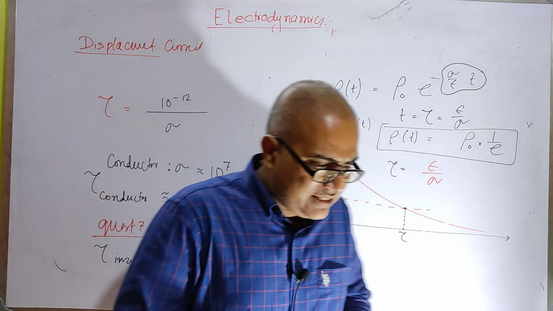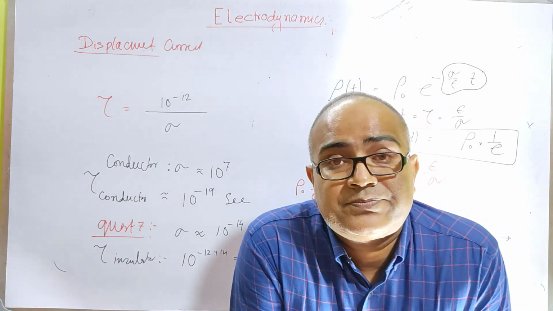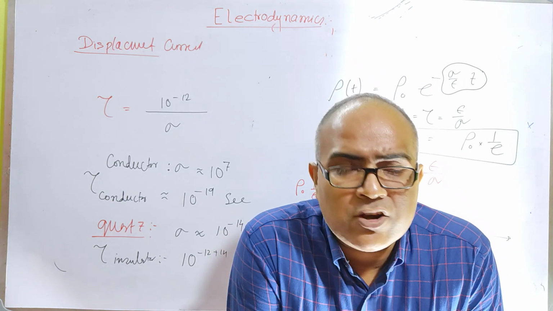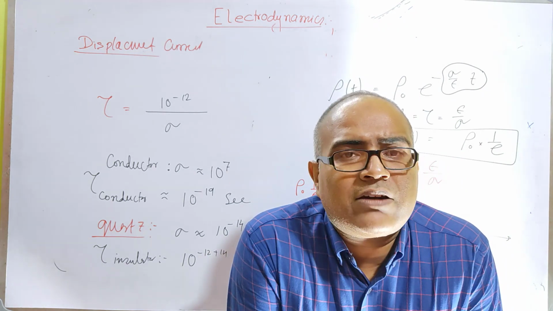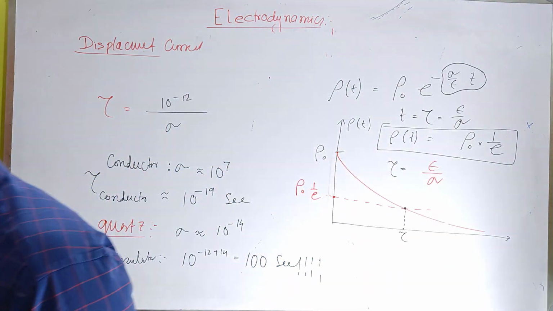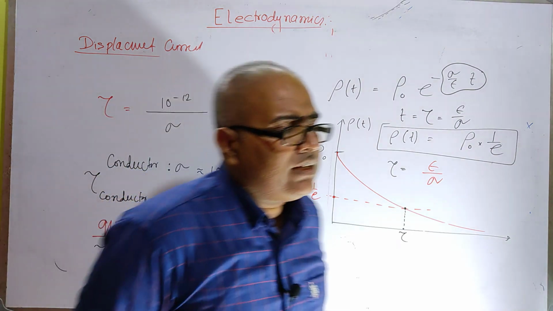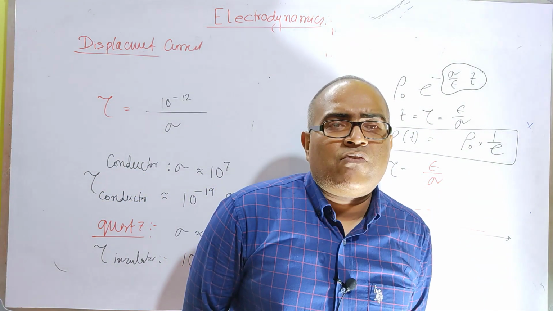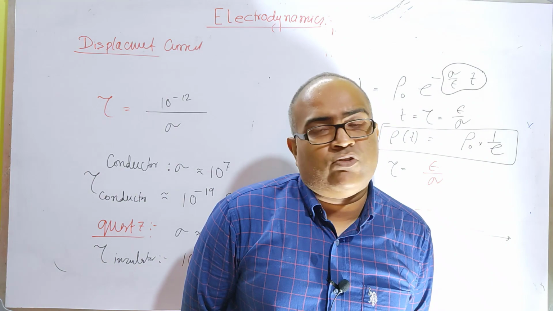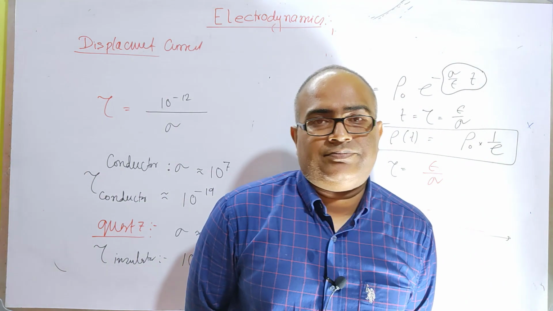So for insulators, you can find the charge inside the material for a longer time. There will be a few problems where you have to calculate the relaxation time tau. So these are the very simple, immediate consequences you can find from Maxwell's equations. But we need more.